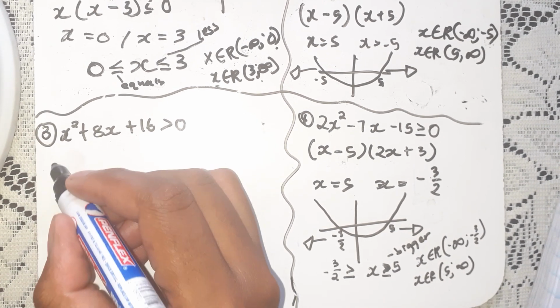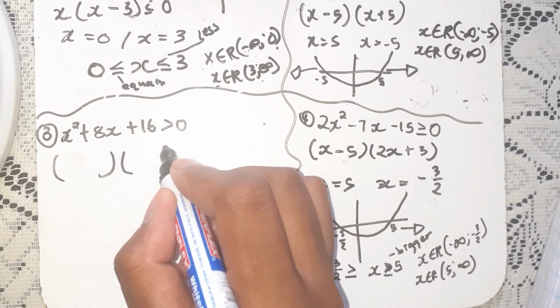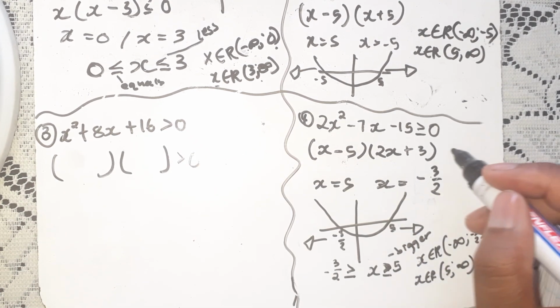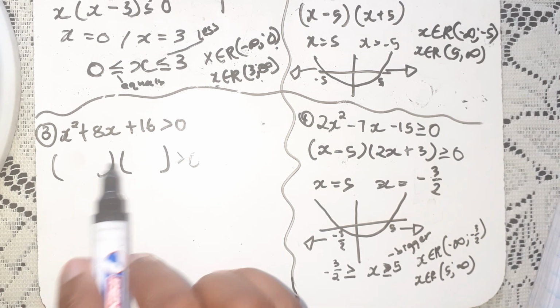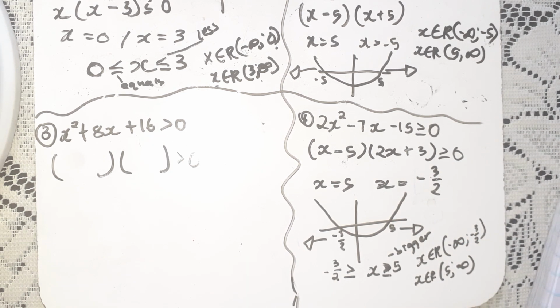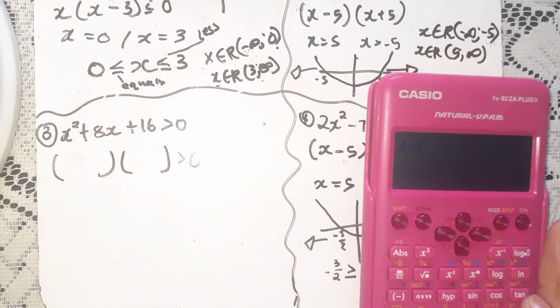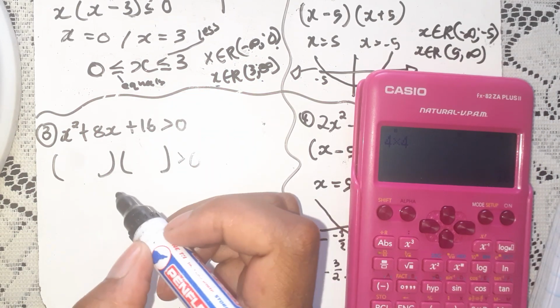Now we are here. Another way of doing this rather than using the quadratic equation is to find the factors of 16 that when you add they'll give you 8. So those are 4 times 4, which gives you 16, and 4 plus 4 gives you 8.